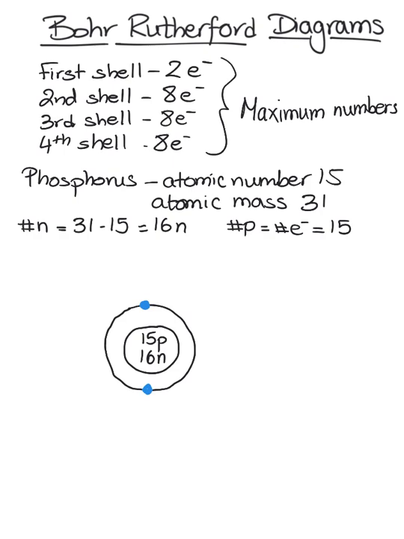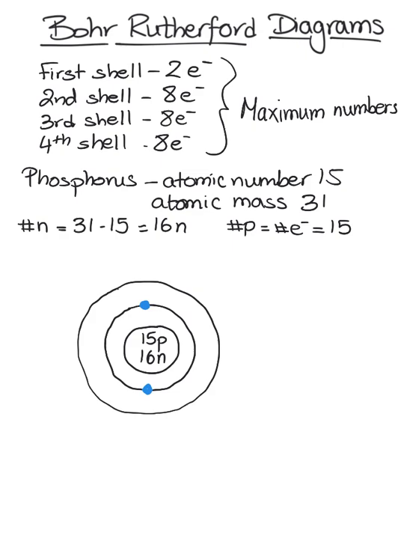So we're going to draw our second shell. So we'll put it like that. Now, we know our second shell can hold 8 electrons. The way I like arranging my electrons is in clockwise order. And we also pair our electrons.